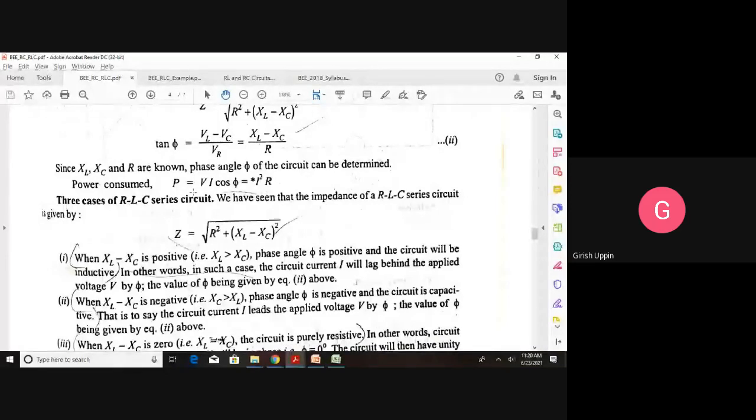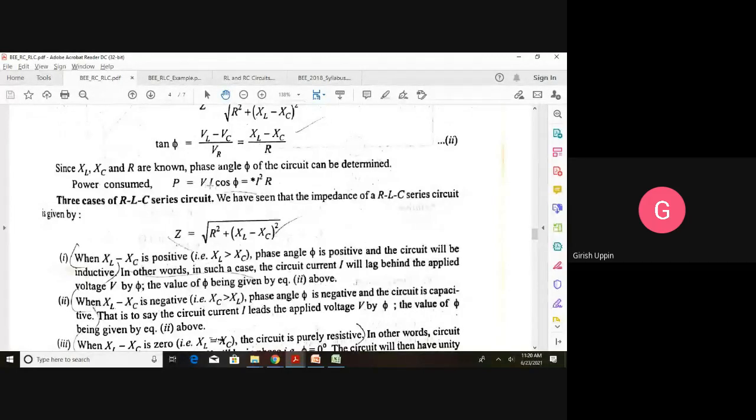Power consumed in a pure inductor and pure capacitor is 0. Therefore power consumed in the circuit is I square R, which we can write as the generic equation of power consumed in any AC circuit, that is V into I into cos phi. Therefore power is equal to RMS value of the voltage into RMS value of the current into cos of the angle between the voltage and the current.